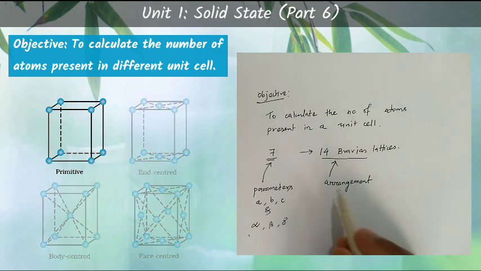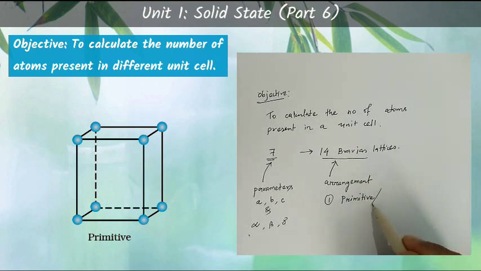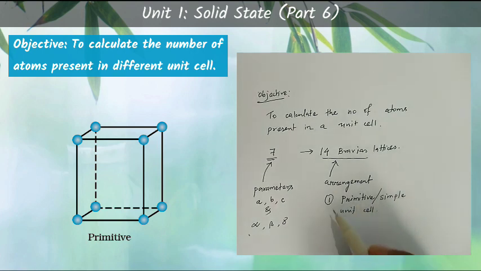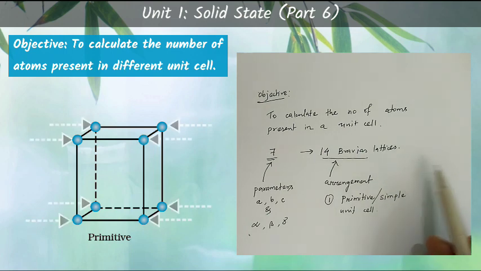The first one is the primitive, or sometimes known as simple unit cell, in which only the corners of the unit cell are occupied by the constituent particles.